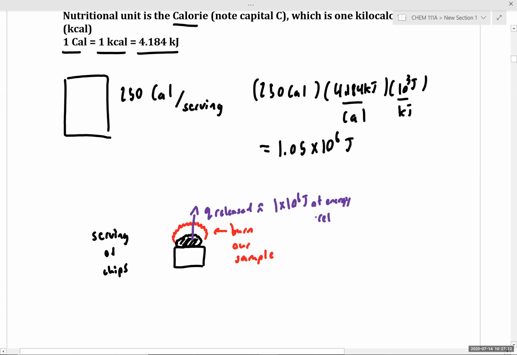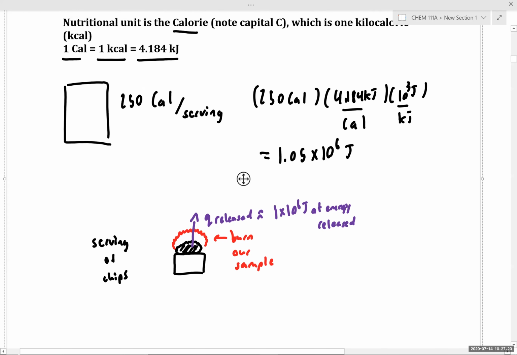It won't be perfect because there are some side processes occurring, but essentially all the foods that we eat and handle on a day-to-day basis, when we eat them, we process them and we utilize some of the chemical potential energy found in the bonds and composition of food to generate energy that we can then use for a useful purpose, okay? So energy is best thought of as the capacity to do work, release heat, or affect chemical change.